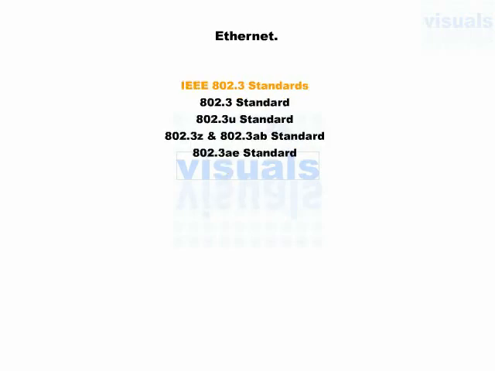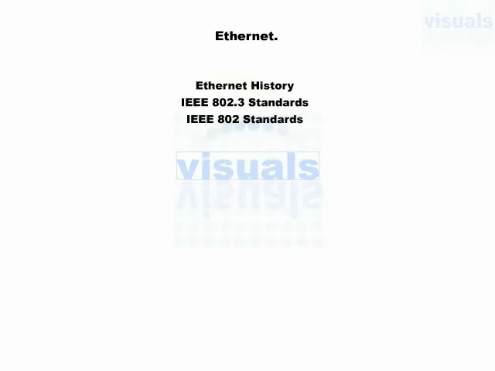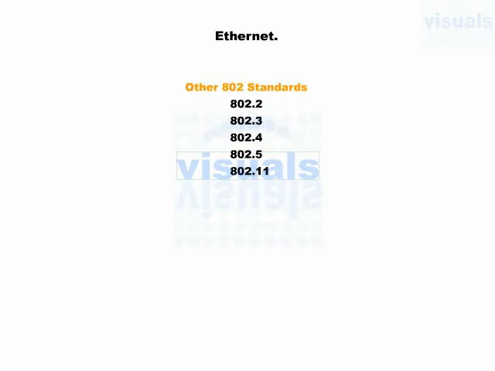Now let's move towards IEEE 802 standards. Well, apart from IEEE 802.3 standards, there are a number of other standards. As you can see the list here: 802.2, 802.3, 802.4, .5 and .11. 802.2.